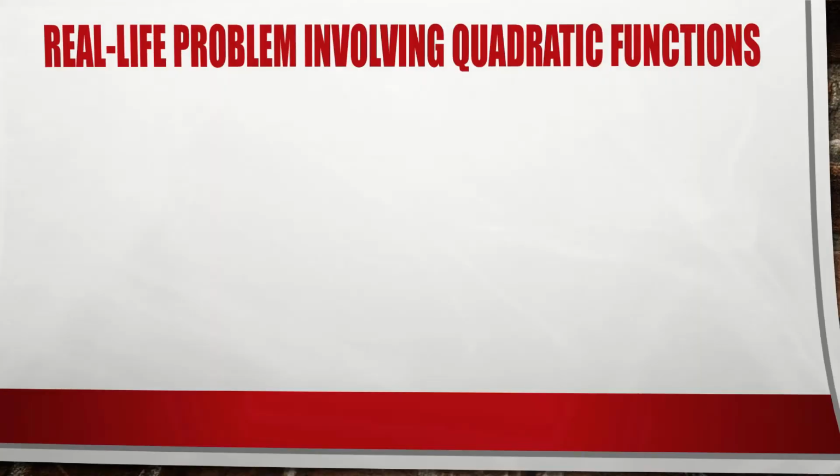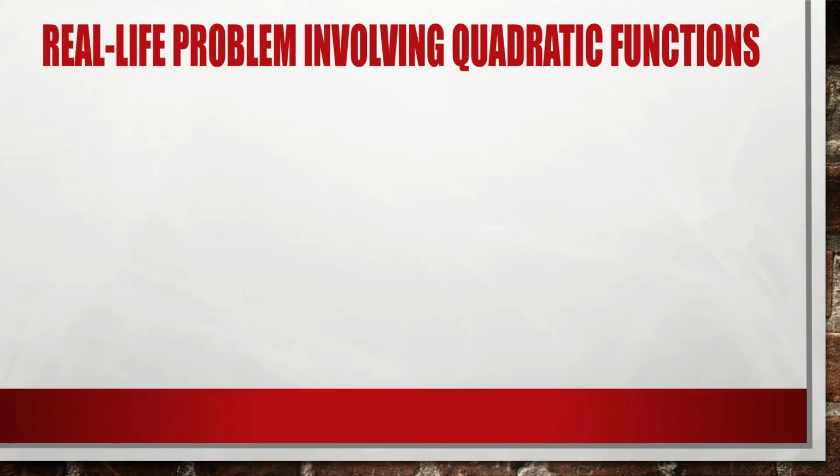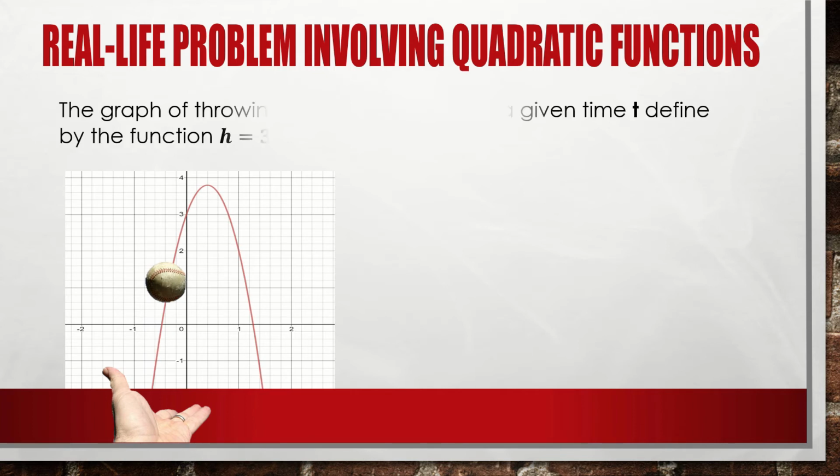This time, let us model some real-life problems involving quadratic functions. So what are some examples of quadratic functions in real-life situations? First, the graph of throwing a ball at height h for a given time t defined by the function h is equal to 3 plus 14t minus 5t squared.